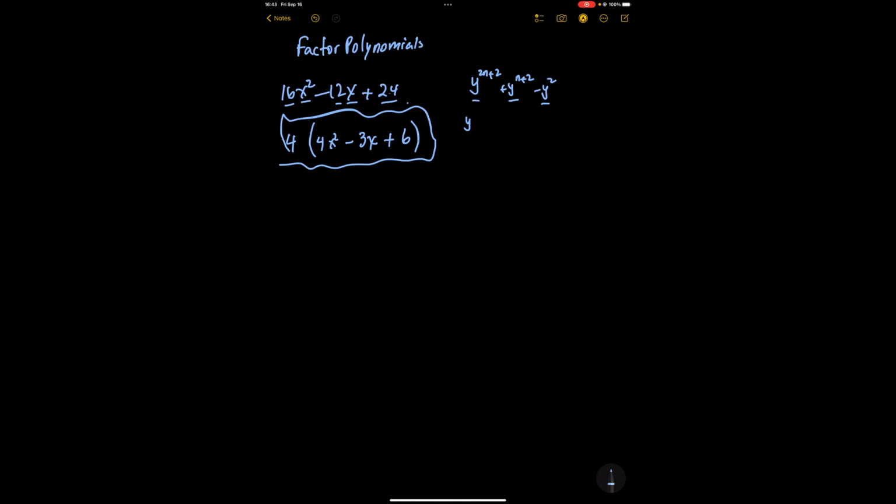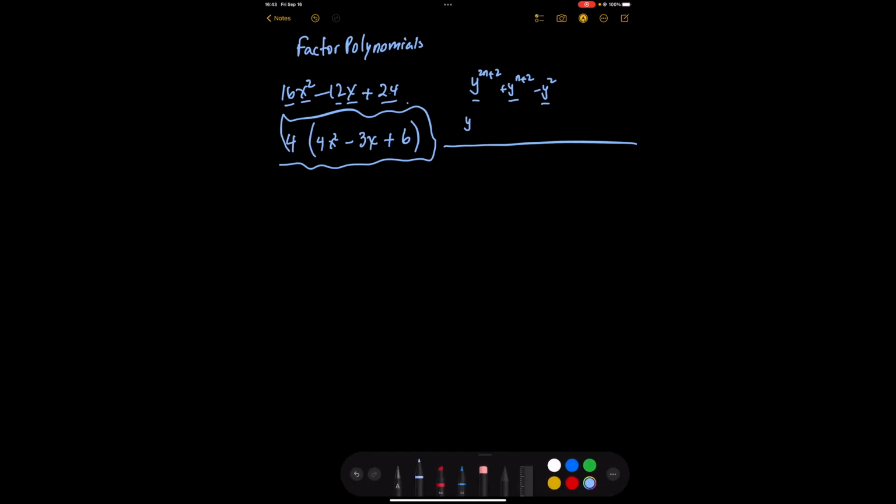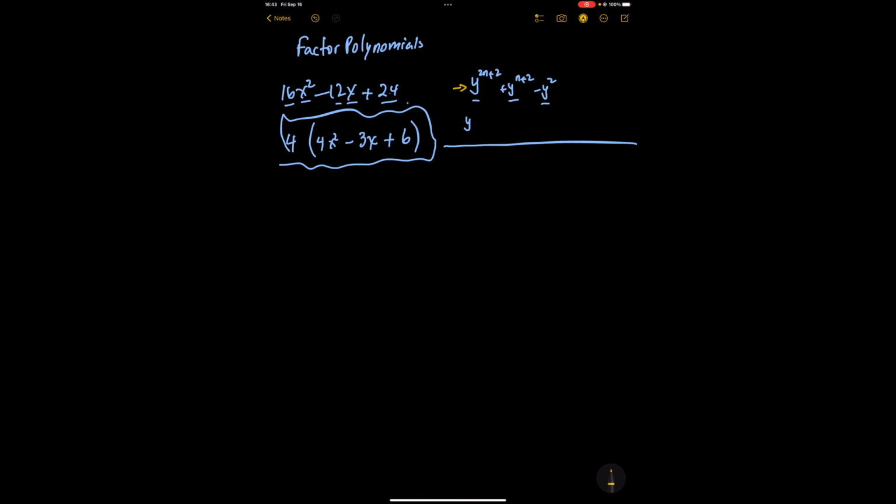You need to know how to break it down. So let's actually skip this part right here. And I'm going to use a different color. Let's work out this part.